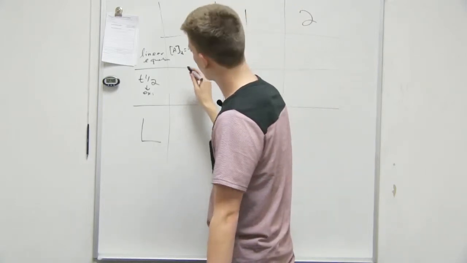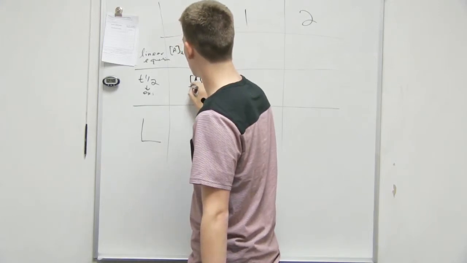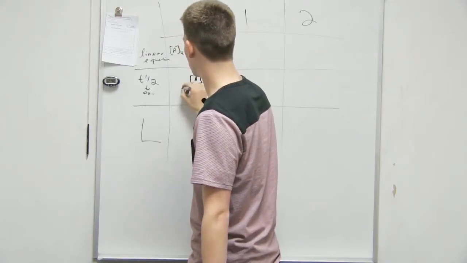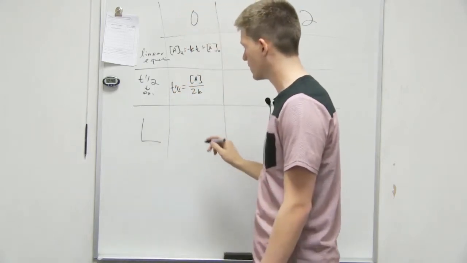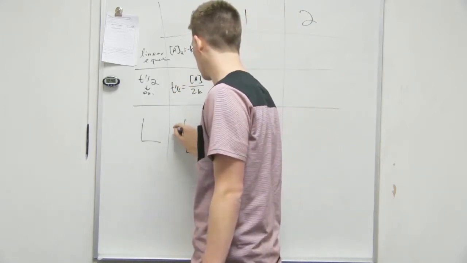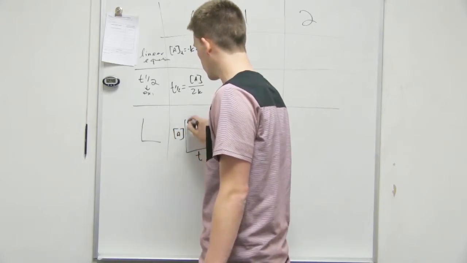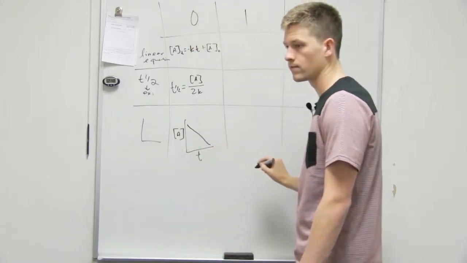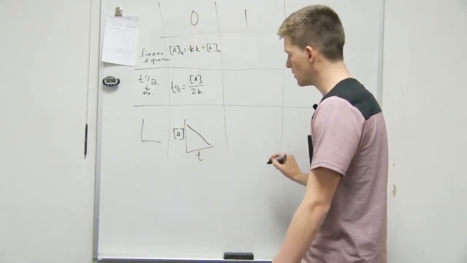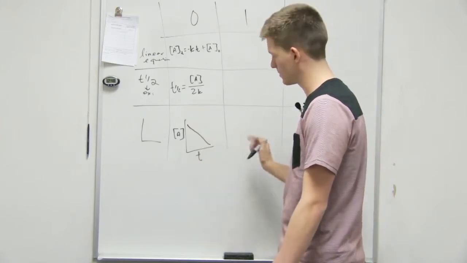The half-life, we know it's A naught over 2k. And then the graph will have the concentration of A to time, and it'll be straight. As time goes on, the concentration decreases.